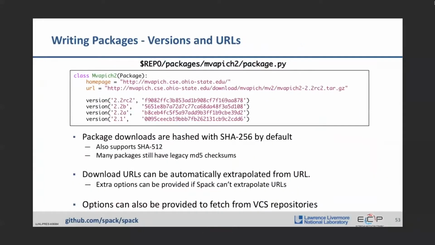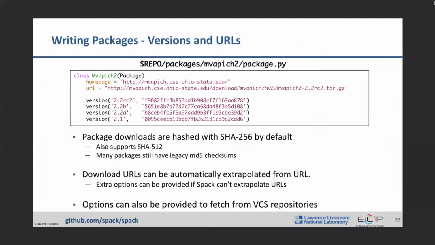So what actually goes in the package? I mentioned there's a bunch of metadata at the top. So we've got the home page for the package, the URL. And you'll notice this is the URL to some version. And then we've got the other versions. Spack knows how to take this version, say, okay, there's a version in here, it's one of these, and then start substituting the other ones in to look for the other things.